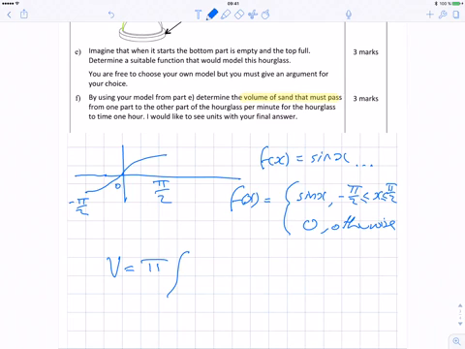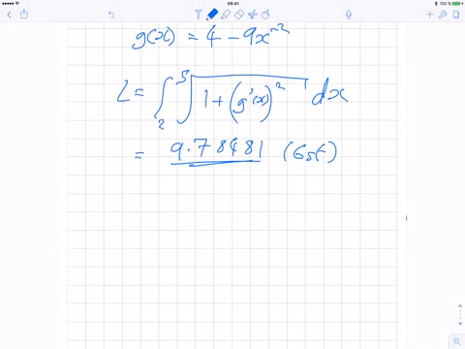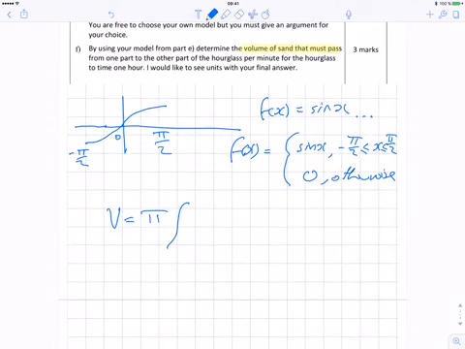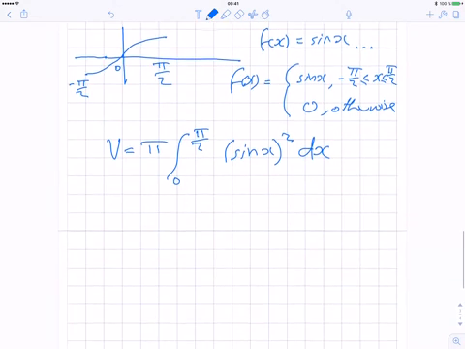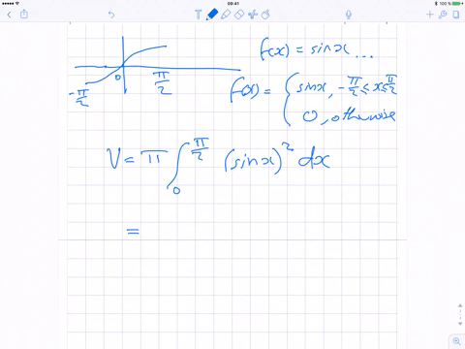So the formula for the volume of revolution is pi times y squared. So it's pi, between 0 and pi by 2, of pi times y squared, and that's equal to, in my case, the following.